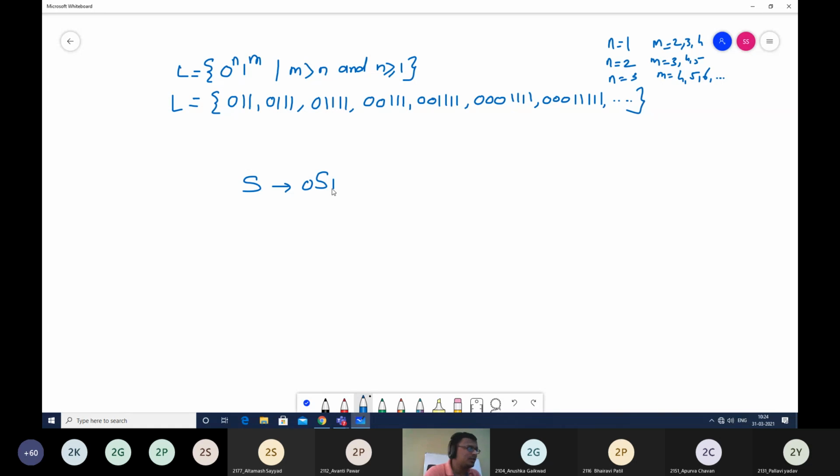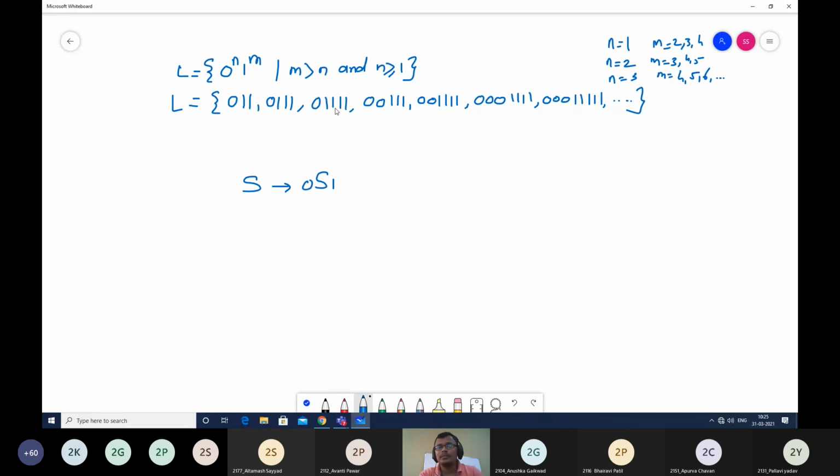For 1 0 1, 1 1 will be sufficient. But is only 1 1 sufficient? No. Here I need one more 1 in between. Here I need 2 more ones. Here I need 3 more ones.